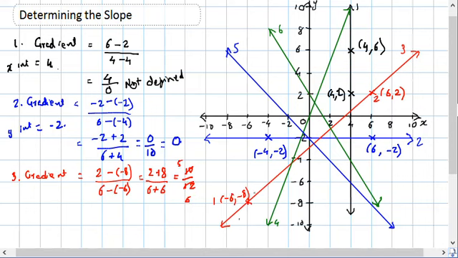That means for a run of 6 on the x-axis, the line is rising by 5 units.